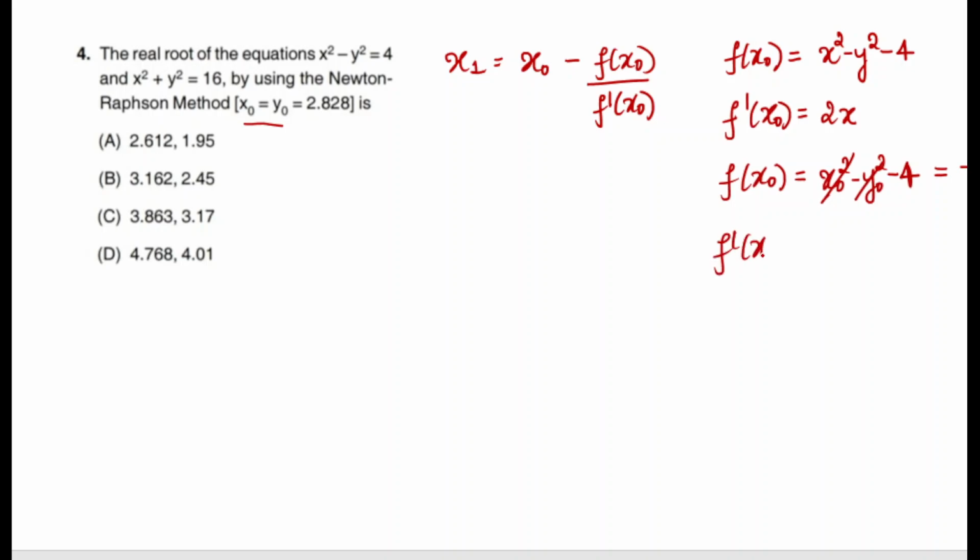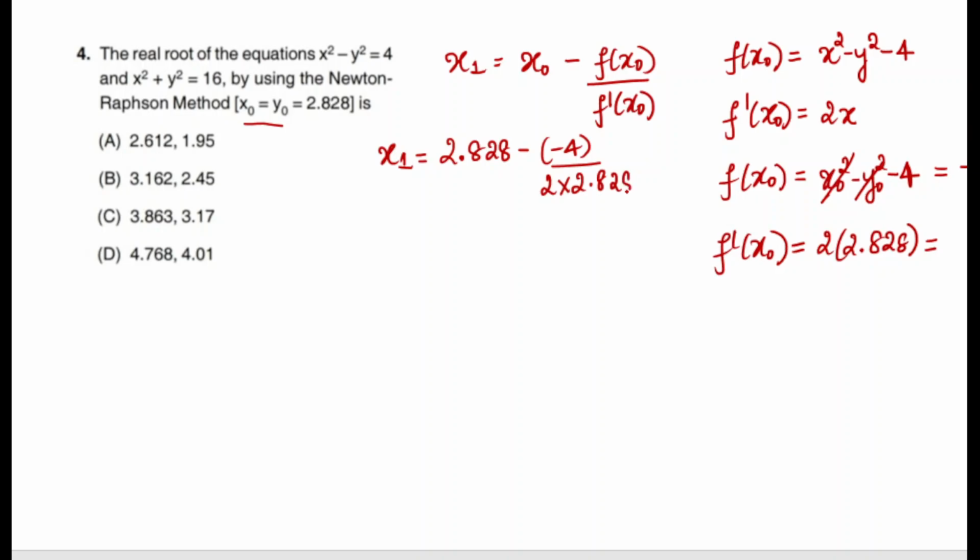Now f prime of x naught is equal to 2 into 2.828. Okay, so now substitute the values: x1 is equal to x naught value 2.828 minus f of x naught, which is minus 4, divided by 2 into 2.828. So we are going to get the x1 value equal to 3.162. I have solved this using the calculator.